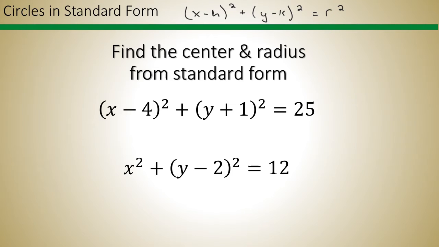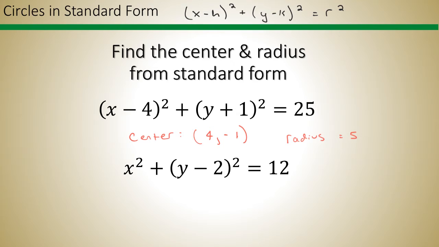Okay, so for this first example here, the center will be 4, -1. Okay, so that 4 is coming from there, -1 is coming from there. Remember, it's the opposites of what we see here and here. Okay, the radius is going to be 5 because we have to take the square root of 25.